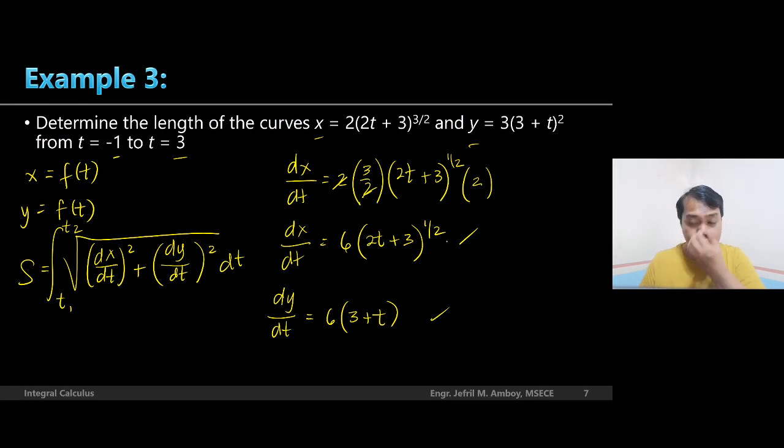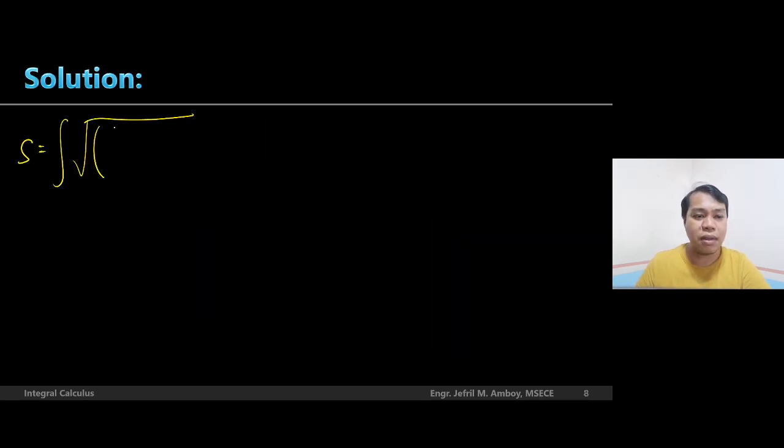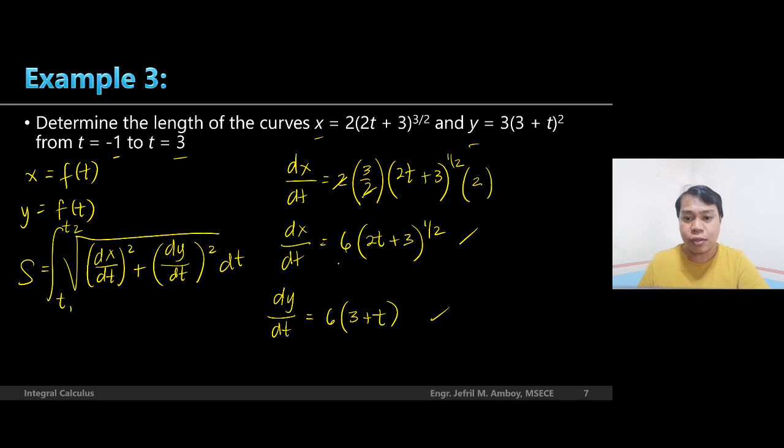I-square mo yan. So, pag ito in-square mo, ito magiging 36, at mawawala lang yung 1 half. So, 36 times (2t plus 3). And then plus, i-square naman natin to.